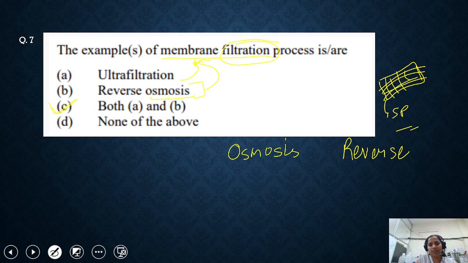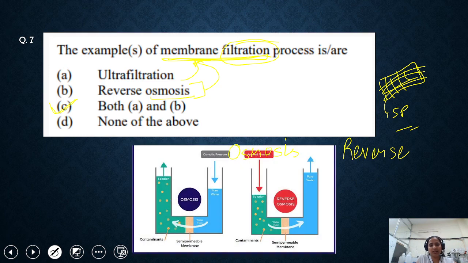Yeah, right. It's concentration reverse. So for this question, the answer is C, and I will tell you how these membranes are usually selected.